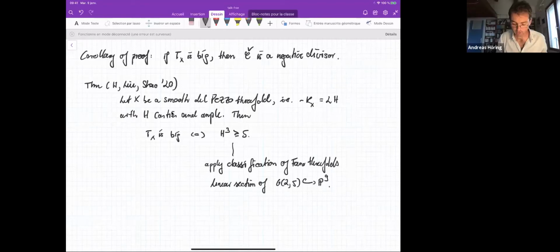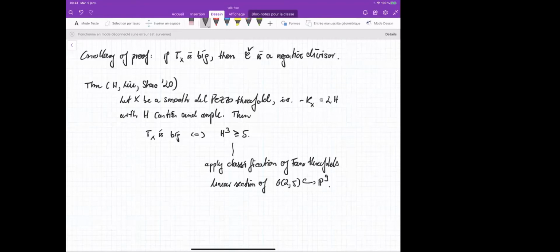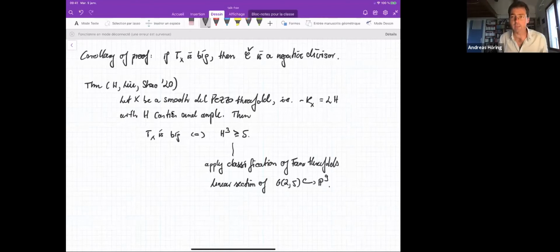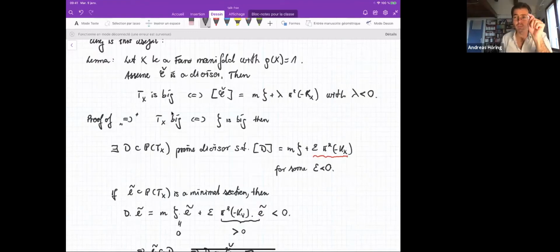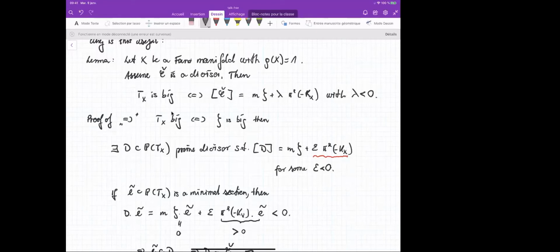The assumption was that Tx is big, so the tautological is big, and then what we prove is that this total dual VMRT is never big.